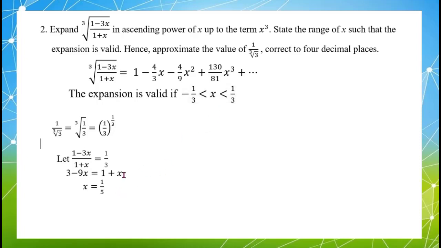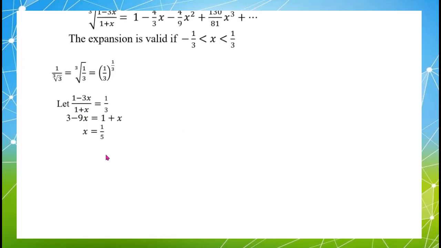Once again, I need to make sure this value is in the range of values of x such that the expansion is valid. So I found that 1 over 5 is in the range where x is greater than negative 1 over 3 and less than positive 1 over 3. So now I can use this value of x to substitute into the binomial expansion here.